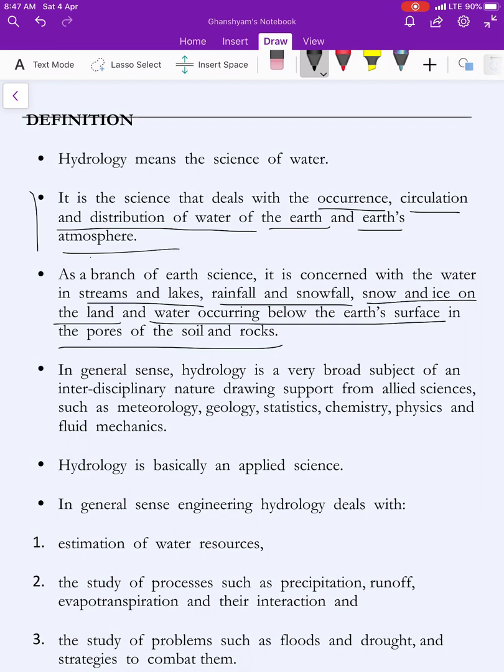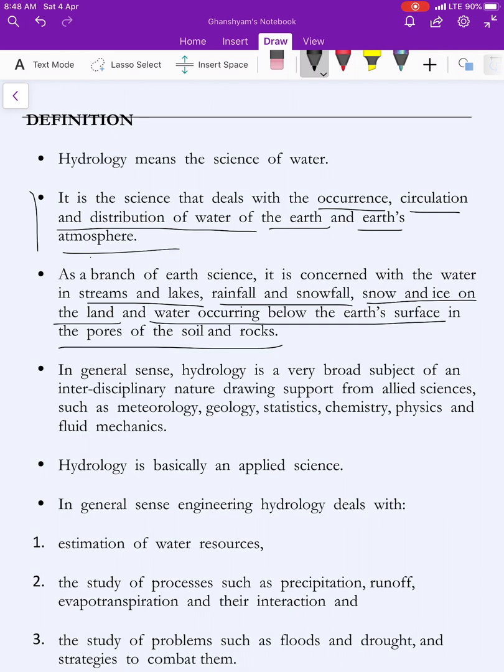So in the earth surface, this water will be stored in soil pores and rock pores. In rocks it is very negligible, but still we will study the water in the soil and rock. So in general sense hydrology is a very broad subject.